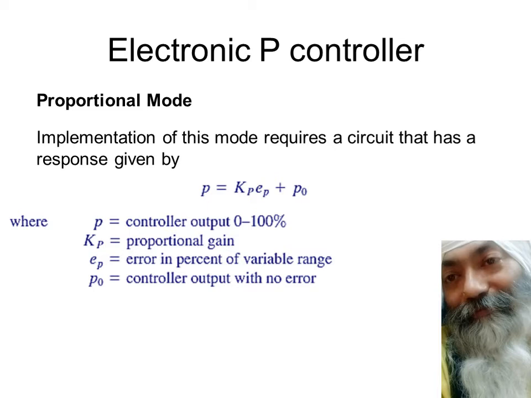When everything was in steady state, there was no error, the controller was still giving some output. It was given to the final control element, let us say a globe valve, which was giving a flow rate, and everything was in a good steady state. That was the equation where P naught is the controller output with no error.